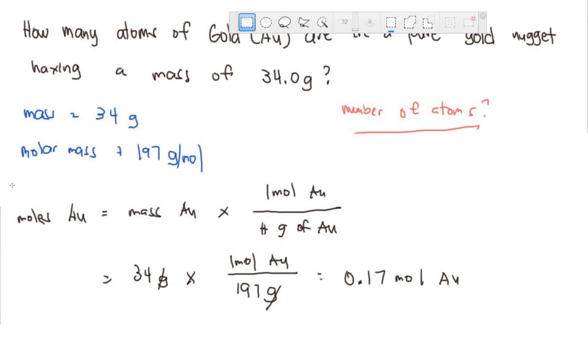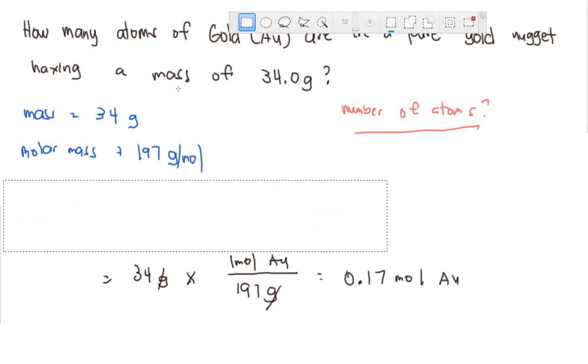Next is to convert this one. You already got the moles of Au, and then you are able to get the number of atoms by using the Avogadro's number.